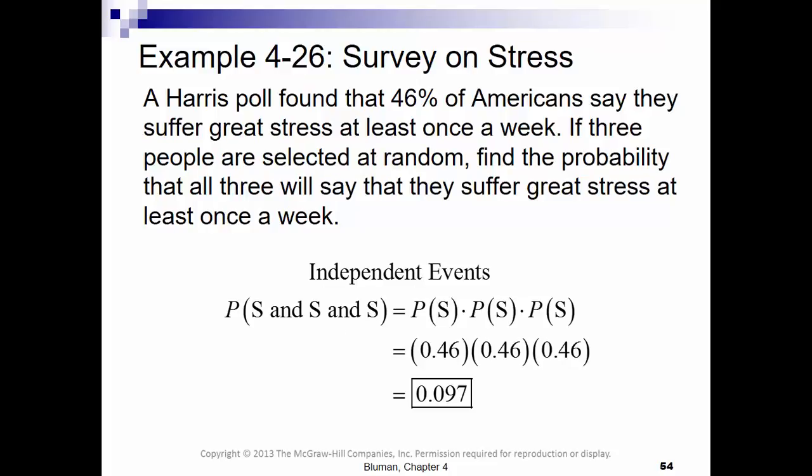When you multiply all 3 of those events together, you get 0.097. So it's not very likely that all 3 that you pick will say they suffer great stress at least once a week, even though almost half of Americans say they suffer it at least once a week.